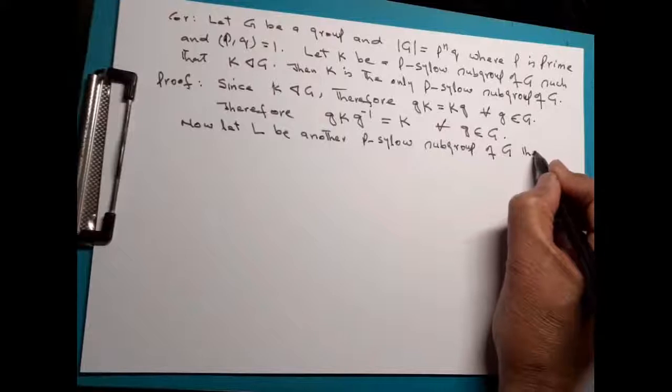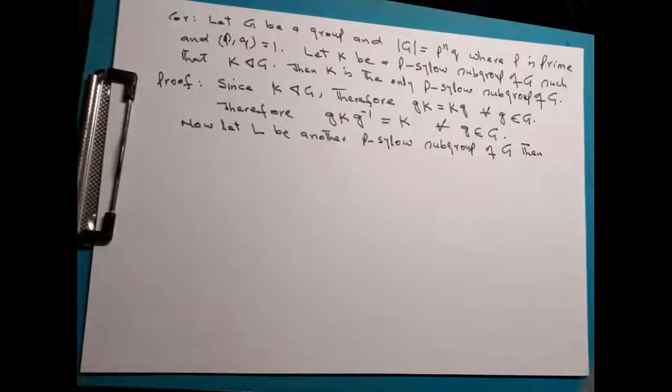Then we know that if we are given two p-Sylow subgroups, then they are conjugate to each other.